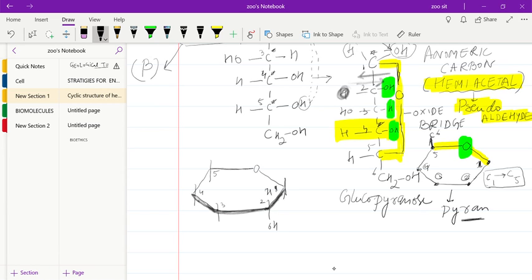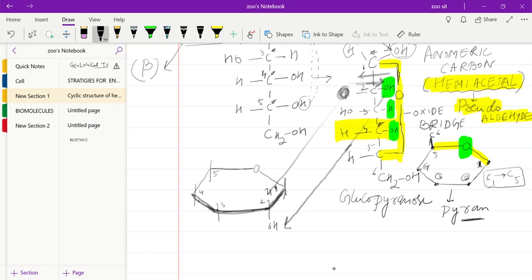In the ring structure, I am drawing it below the plane. So below the plane, this is using pencil. This will be here, and all the groups will be present below the plane, whereas the group which is here will be drawn here.